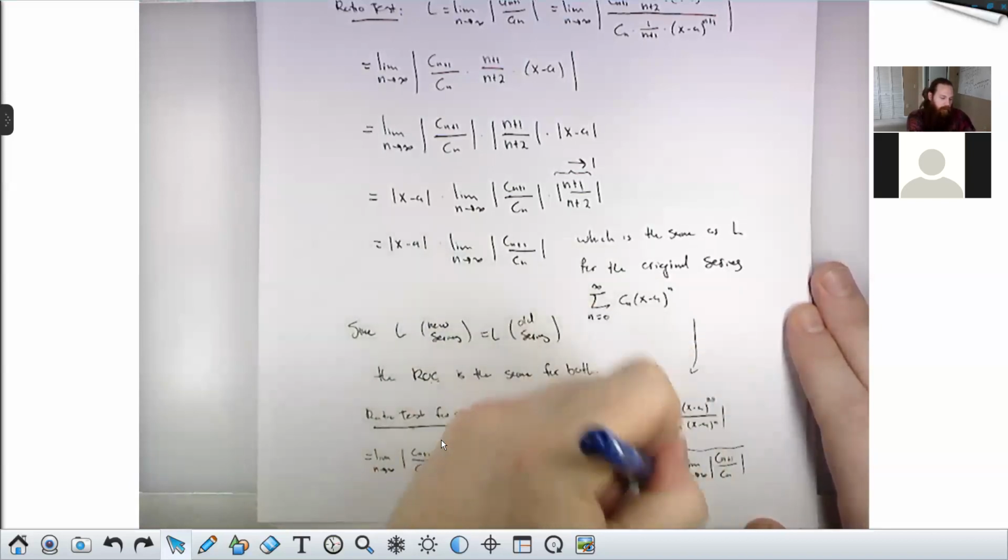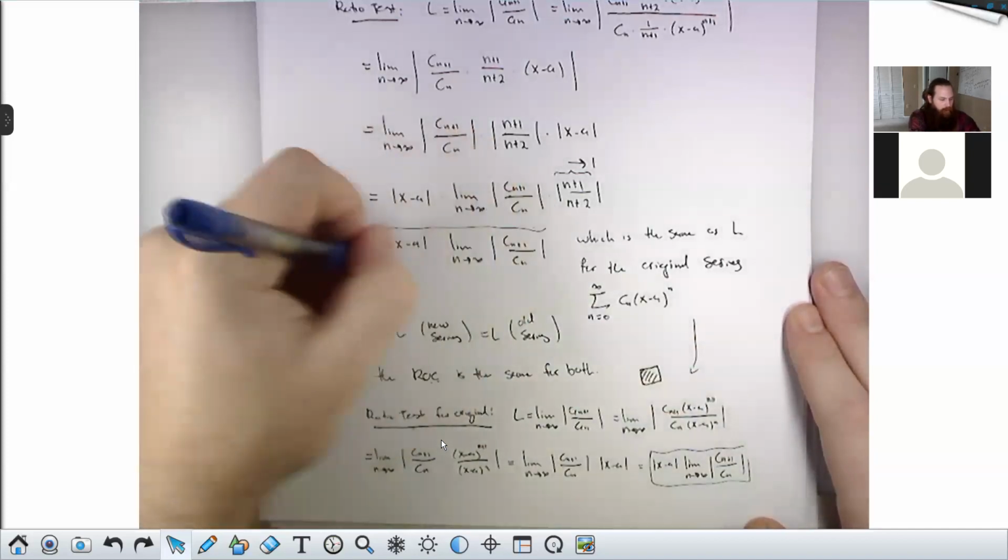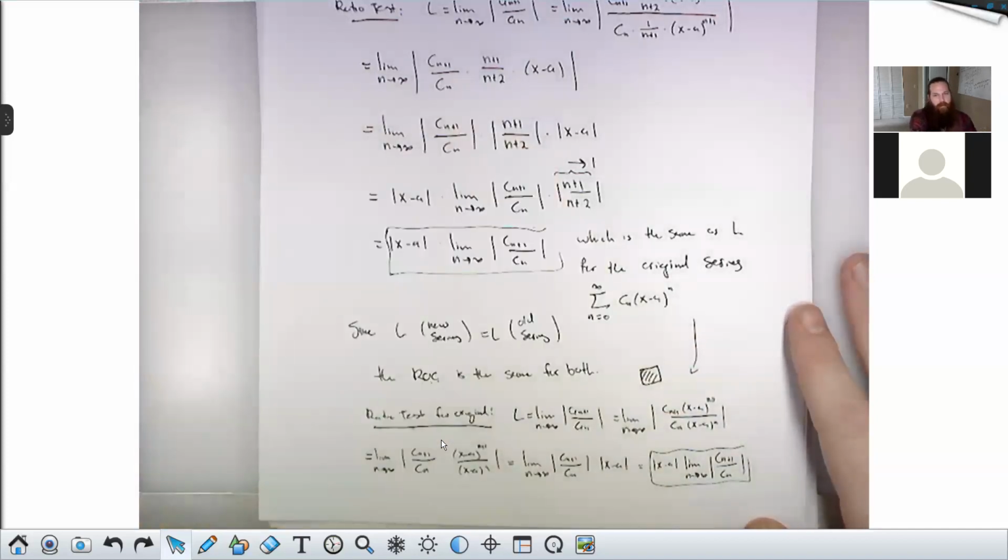So this is the old ratio test limit. This is the new ratio test limit, and they're the same.